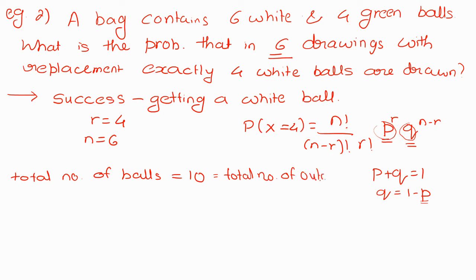Now one ball is removed; what is the probability that it is a white ball? The number of favorable outcomes is 6, the 6 white balls. This you know quite well. So what is the probability of getting a white ball?